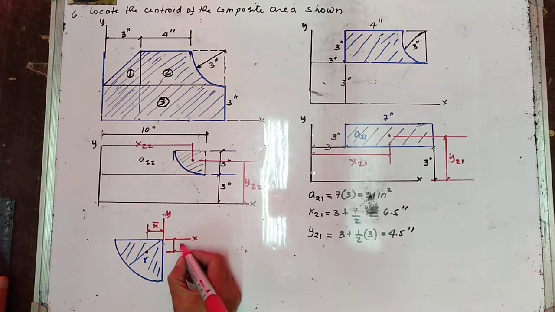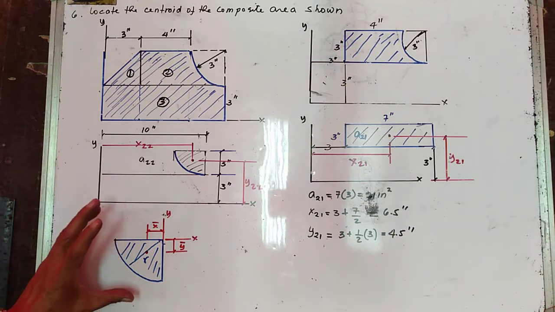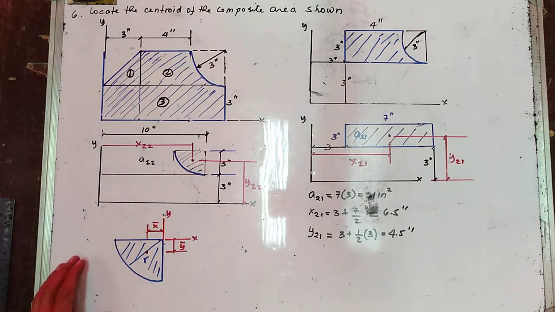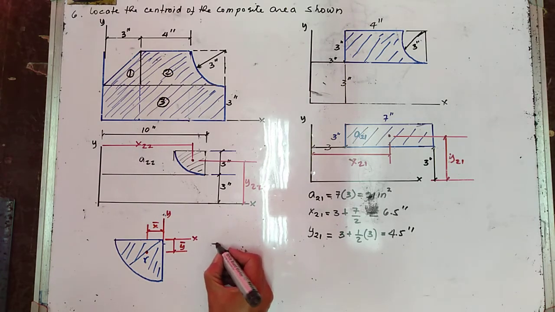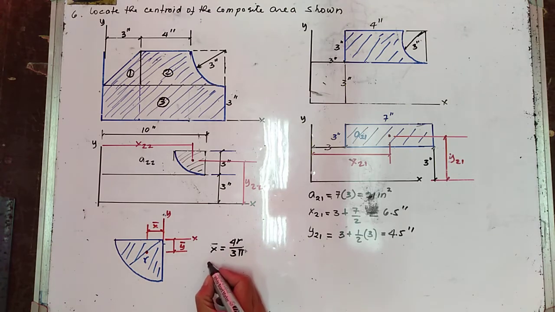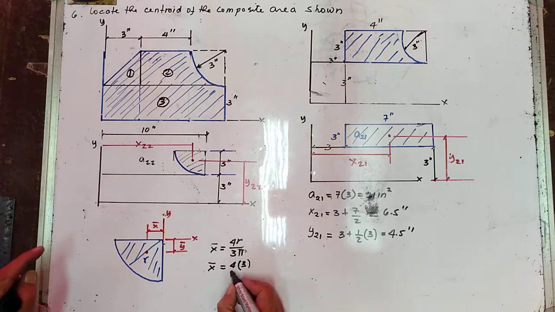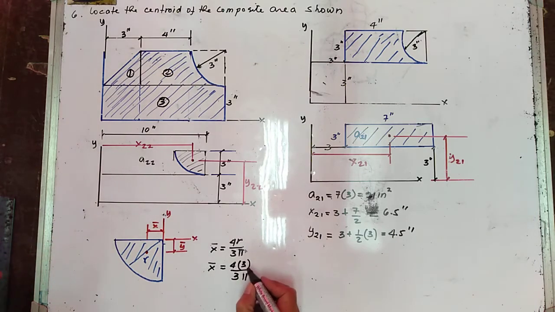If this quarter of a circle is considered alone, then your bar x is equal to 4r over 3 pi. So bar x is now equal to 4 times the radius 3, all over 3 pi.